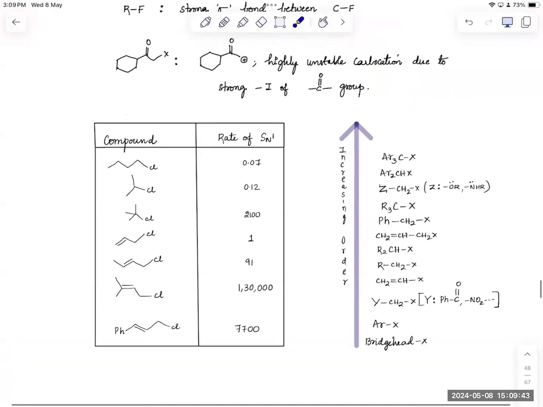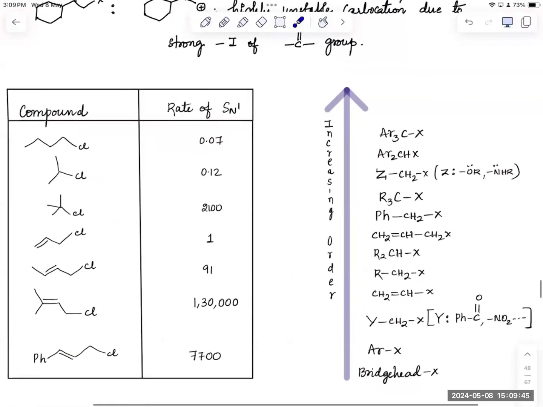Please go through the order once, everybody. Upward means it is increasing. You can say triphenyl carbon increases, then diphenyl. You can see there are three phenyls here, two phenyls here.